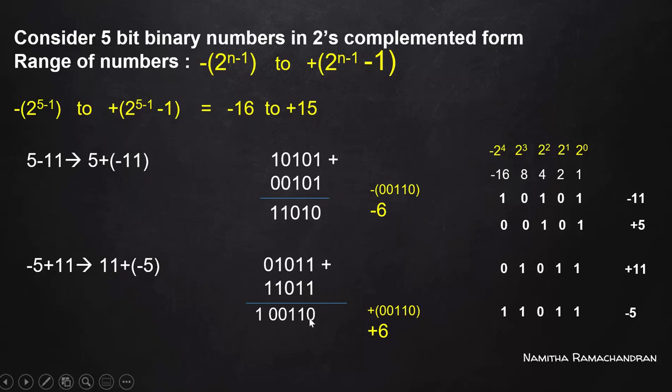The remaining bits are 0 0 1 1 0. What is the value of it? Zeroth and first positions have value 0, then 1, 1. 4 into 1 plus 2 into 1, 4 plus 2 is 6. So positive 6 is the value of this sum represented in 2's complement form.